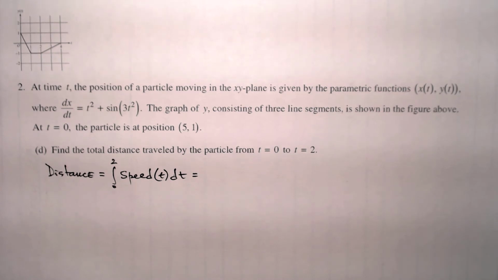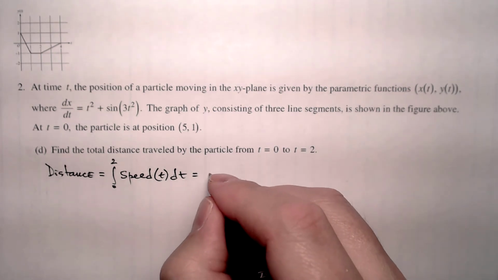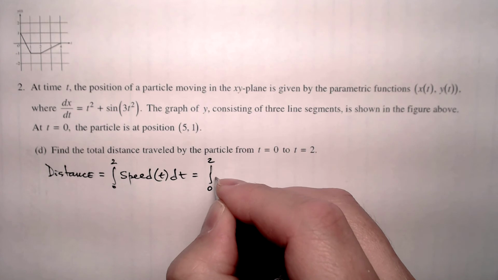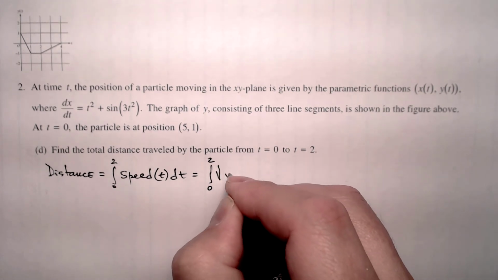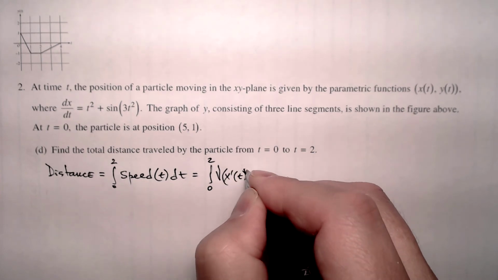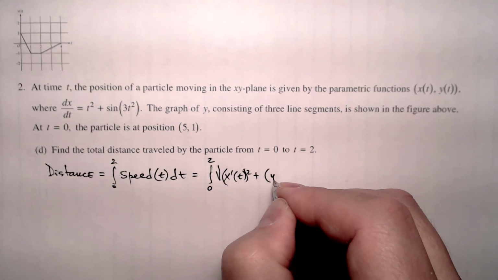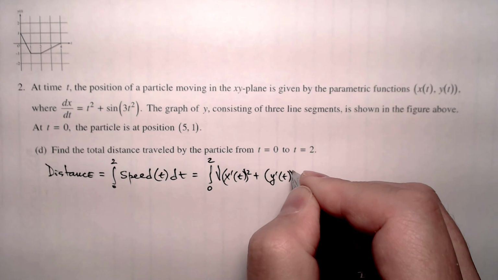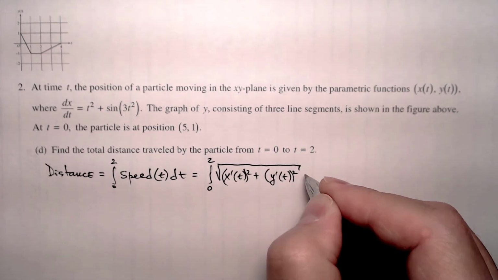And so in this case, this is equal to integral from 0 to 2 square root of x prime of t squared plus y prime of t squared dt.